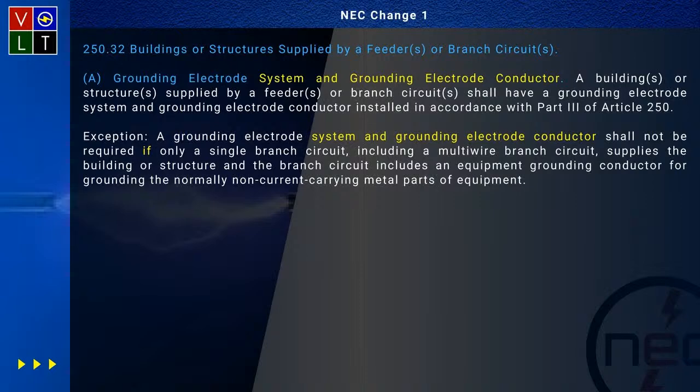The exception says a grounding electrode system and grounding electrode conductor shall not be required if only a single branch circuit, including a multi-wire branch circuit, supplies a building or structure. So all they did is make sure to explain that when you go to another building or structure, you are establishing a new grounding electrode system and also a grounding electrode conductor to do that.